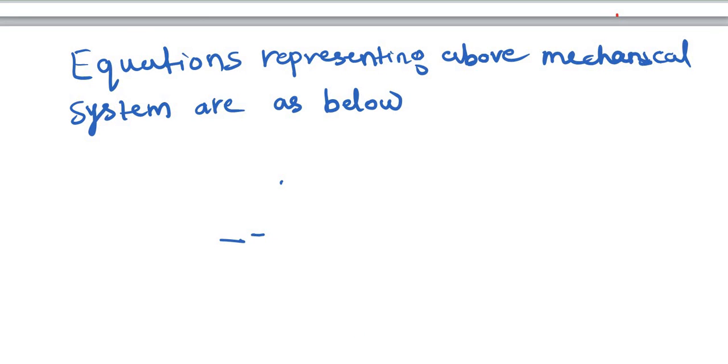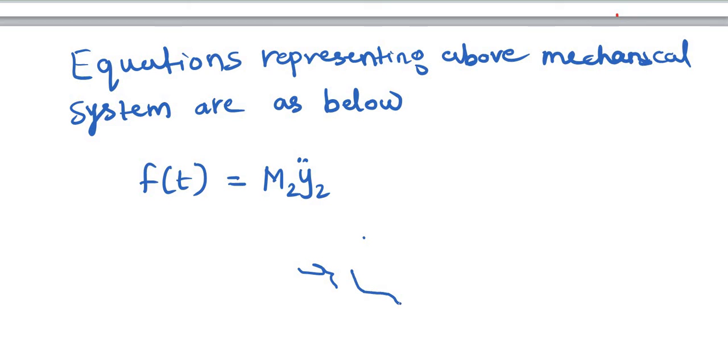So the equations representing the above mechanical system are as below. First, considering the first free body diagram referring to mass m2, the applied force F of t is equal to m2 y2 double dot plus K2 into y2 minus y1.